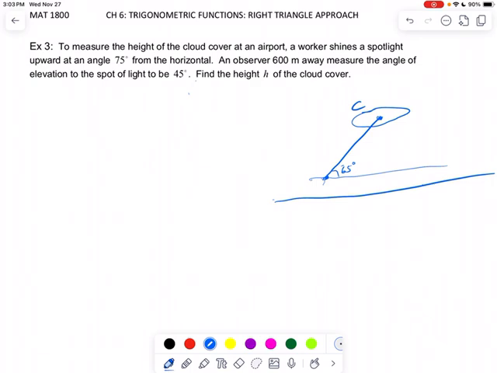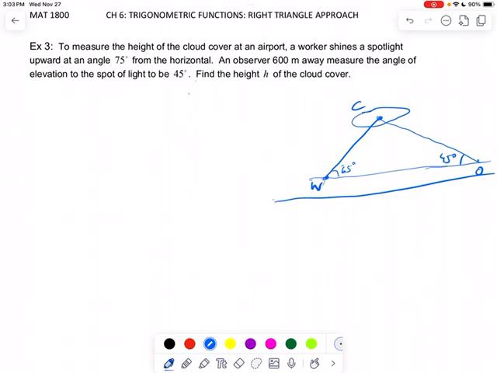So now the observer is maybe somewhere here, looking at the shining spot. So this is the worker and this is the observer. His angle of elevation is 45 degrees.